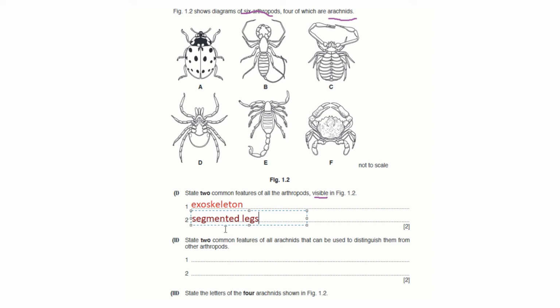Then they ask us to state 2 common features of all the arachnids that can be used to distinguish them. The first one, and the easiest to remember, is that they have 4 pair of legs. You can see that here, all spiders have the 4 pair of legs. The scorpions also have claws, but we don't count them as part of the legs.